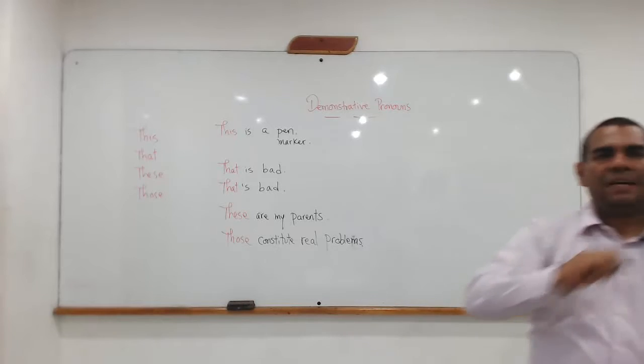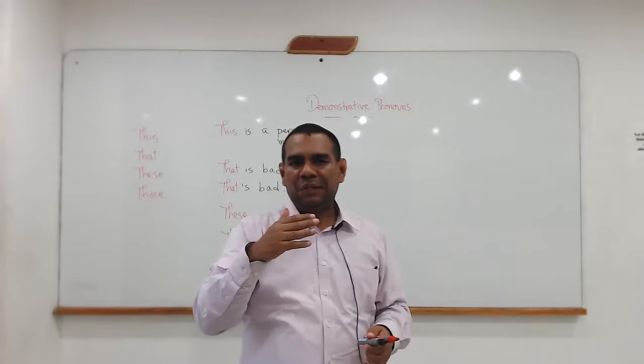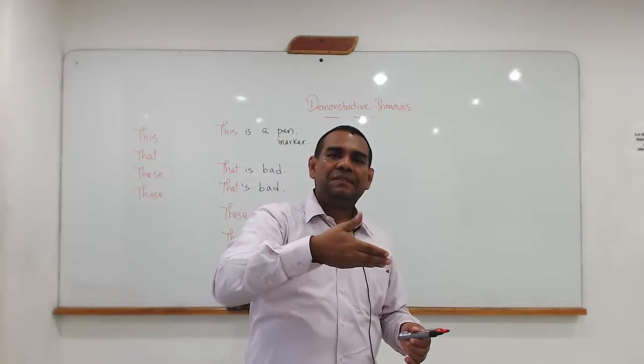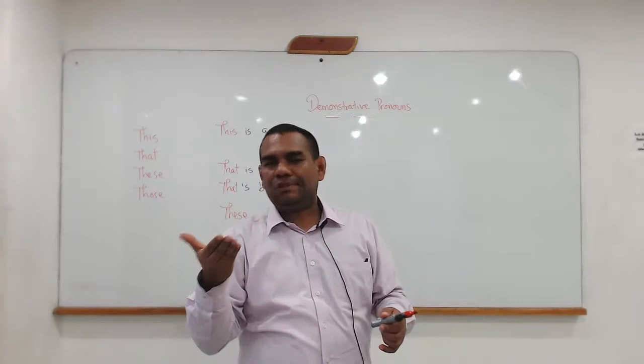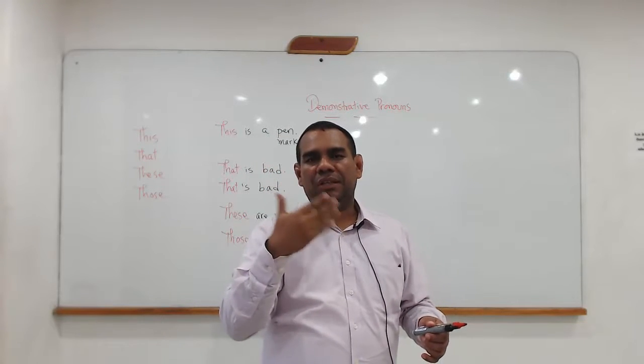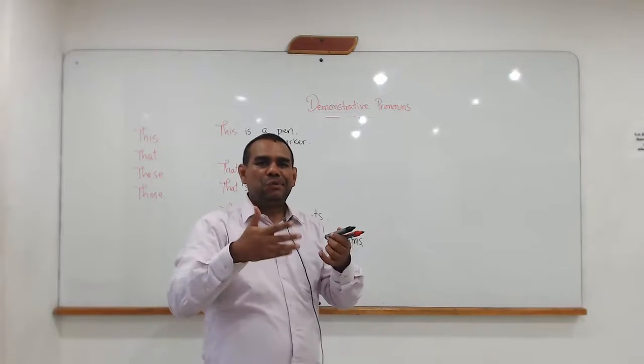Pay attention to one fact. Sometimes many people can have a tangible confusion between demonstrative pronouns and demonstrative adjectives. And this is not only in the context of demonstratives, it is also in the context of possessives and many other things. But pronouns and adjectives.